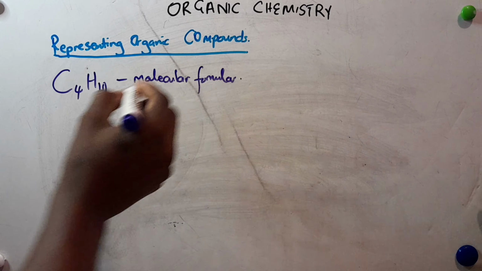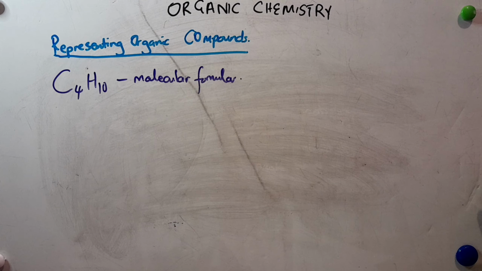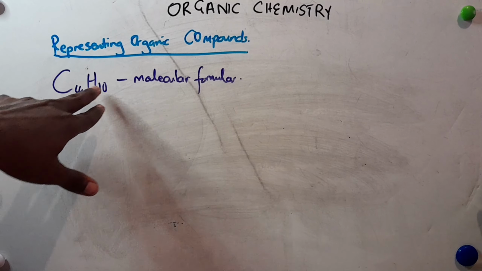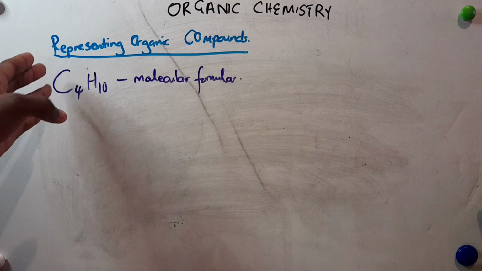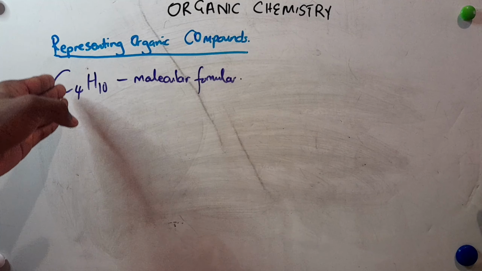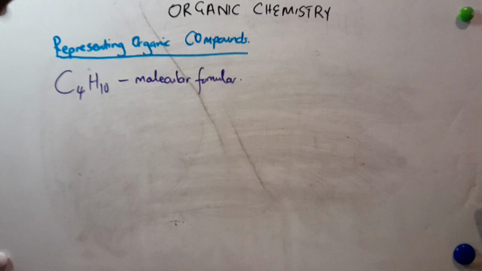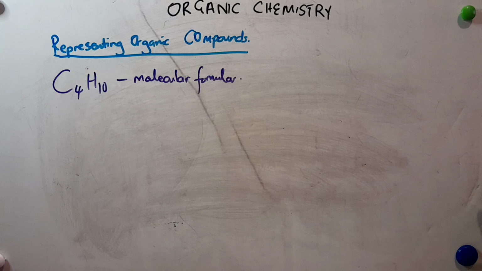The molecular formula just shows us how many of each atom are in the compound, right? So this shows us that we have 4 carbons and 10 hydrogens, right? That's how the molecular formula works. It's just as simple as that. No further details, just showing you how many of each atom are in the compound.